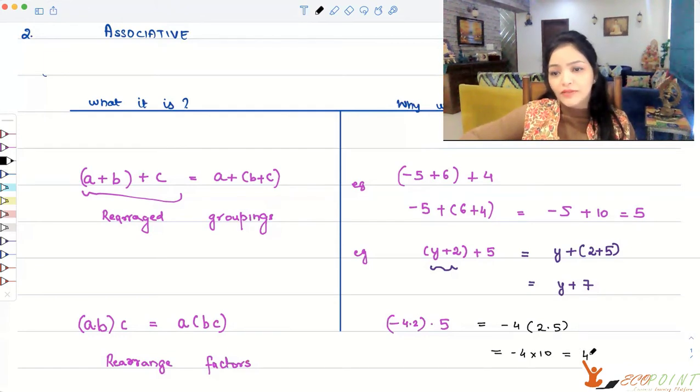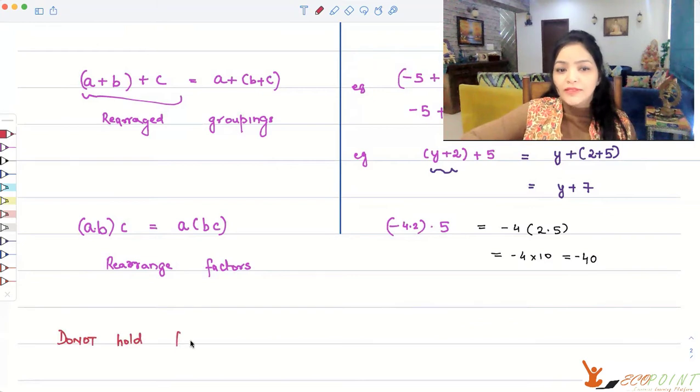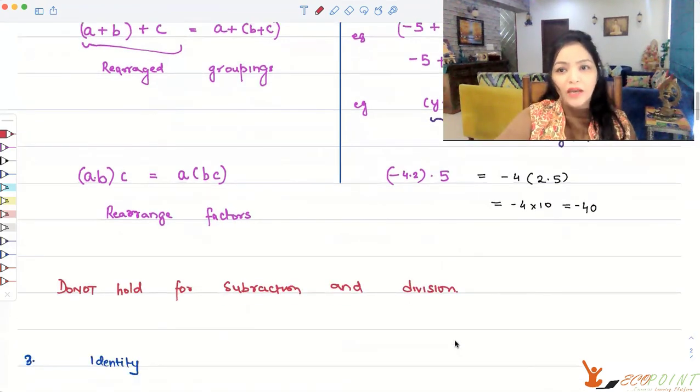I know my answer is minus 40, right? Now please keep in your mind that these two properties, commutativity and associativity, do not hold for subtraction and division. I'm sure if you give yourself examples, you can get the counterexamples.